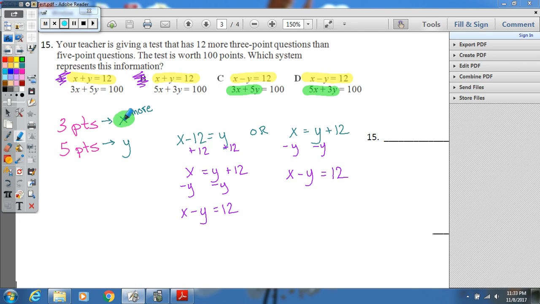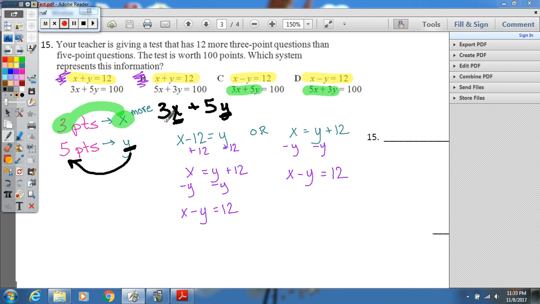Well, guys, my X, those were my 3-point questions. So to me, it makes sense that I'm going to do, let me change this to a pen, 3 times X, because each X is worth 3 points, plus 5 times Y, because each Y is worth 5 points.